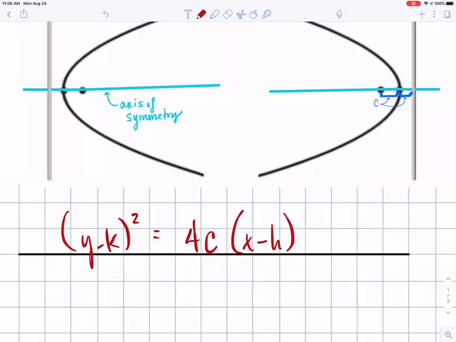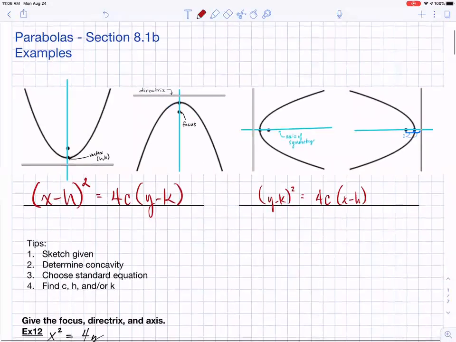And so we notice then that the two equations are only different in that my two globs are traded. That's the only thing that's different.